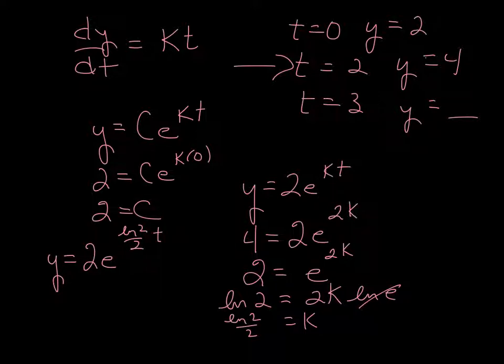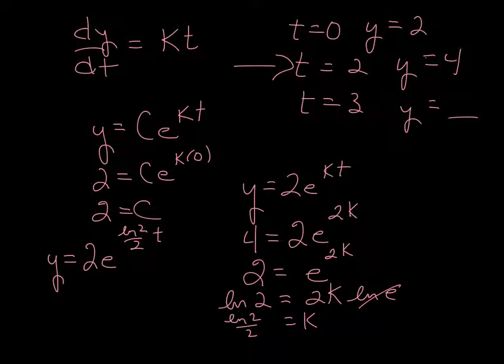Now, on your AP exam, you can put a three decimal approximation, but don't use the three decimal approximation in calculating something else. Use the exact value when you calculate something else, whether you store the natural log of 2 over 2 in your calculator as a letter, or you type it in every time.